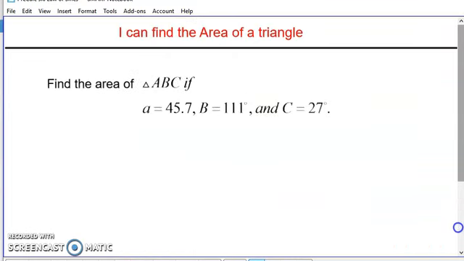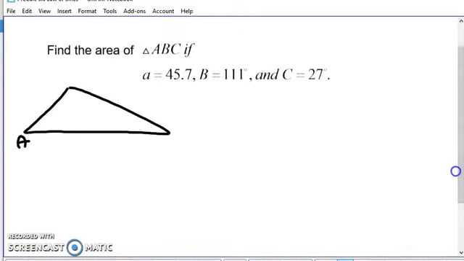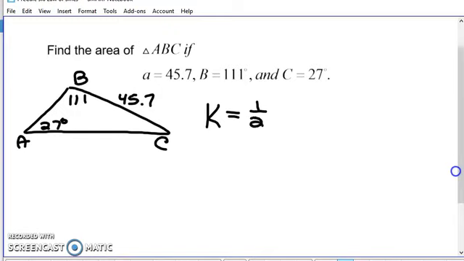Let's do this problem. Again, it's just kind of nice to see what we have here. Side A is 45.7. We're just looking for the area. So this is half.